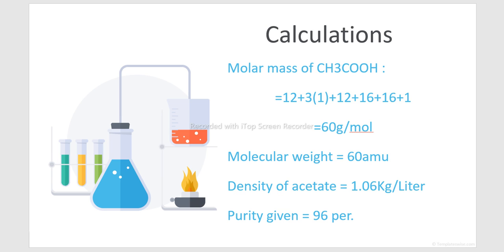First, we need to know the molar mass of the acetate. That is 12 for carbon, 1 for hydrogen, and 16 for oxygen.